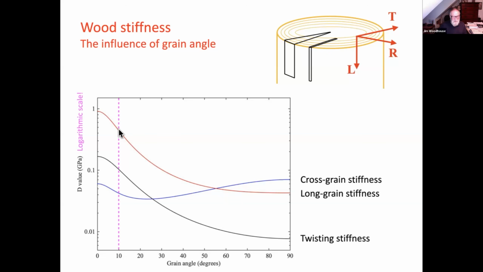This dotted line here, again, is the 10-degree line. And as it happens, 10 degrees off the grain is enough to lose you a factor of 2 in long grain stiffness. The cross grain stiffness doesn't vary all that much. The twisting stiffness is quite sensitive to that. That also goes down by a big factor.